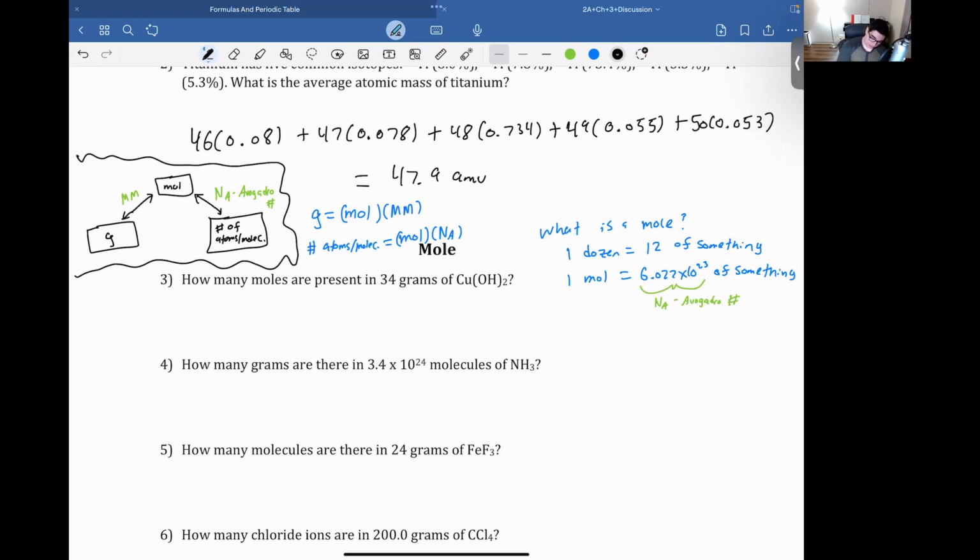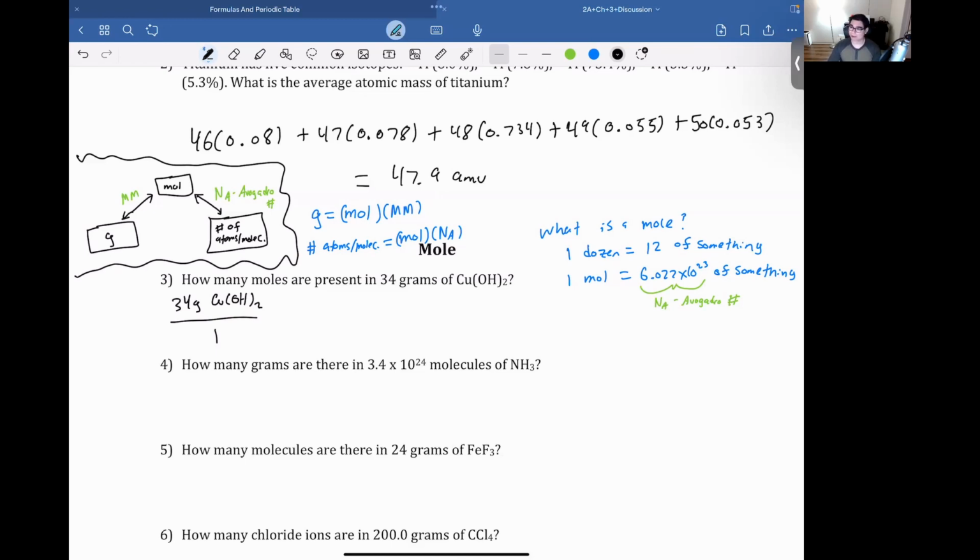So we start with 34 grams of copper hydroxide. Now, I do want to note grams is a mass unit, and it should be on the top of your fraction if you're going to convert to moles.